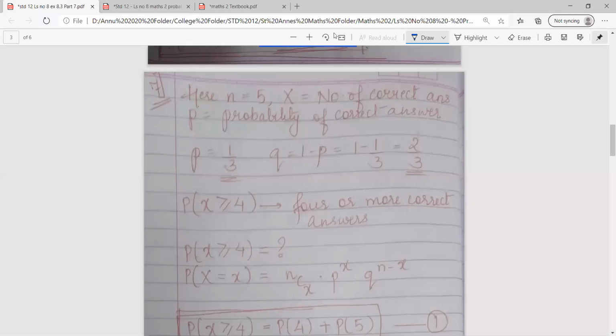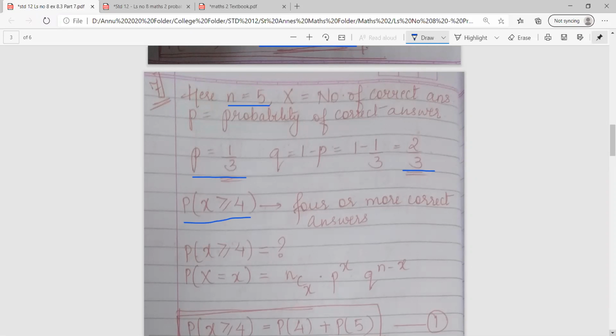Here. So as I explained, n is 5. X is number of correct answers and probability of getting the correct answers is P, 1 by 3. So Q will be equal to 1 minus P, which is 1 minus 1 by 3, 2 by 3. Now we have to find the probability of x greater equal to 4.